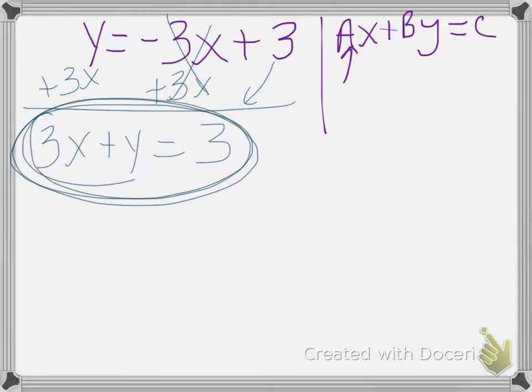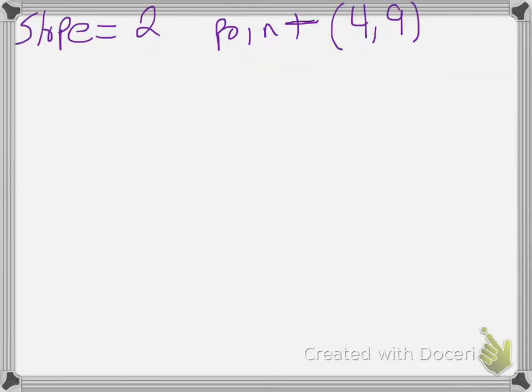So that's the question on the notes. Okay, this is the last question of the video, and is the next question on your notes. Find an equation with a slope of 2, and it has to go through the point 4, 9. So it has a point and a slope, which means we have to use point slope, which is y minus y1 equals m onto x minus x1.